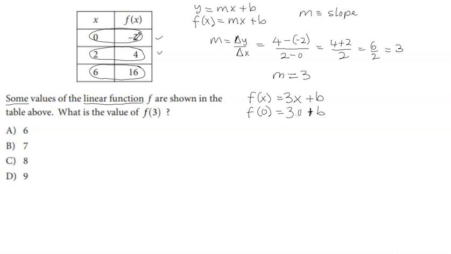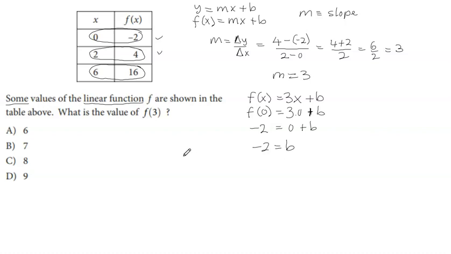And here, our f of 0 is minus 2. This is equal to 3 times 0, which is 0, so 0 plus b. So in effect, minus 2 is equal to b, or b is equal to minus 2.